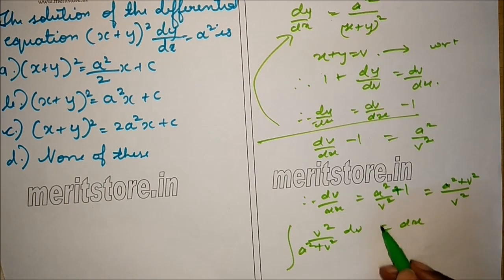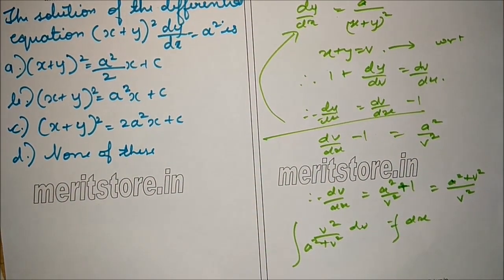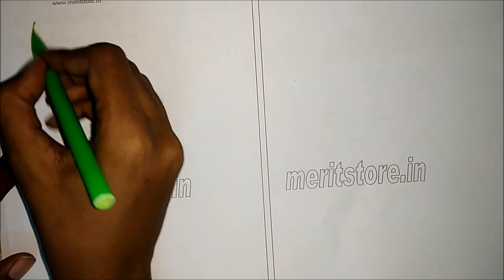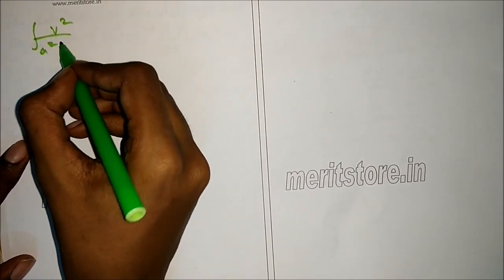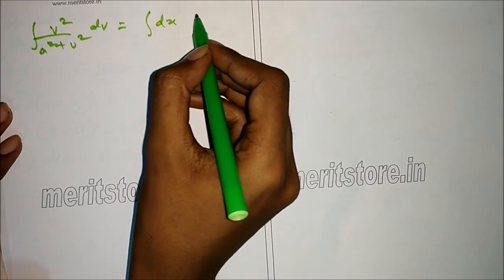Now integrating both sides. So we have integration of v square by a square plus v square dv is equal to integration of dx.